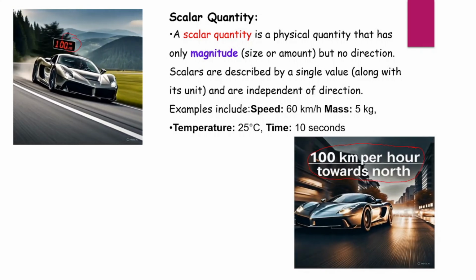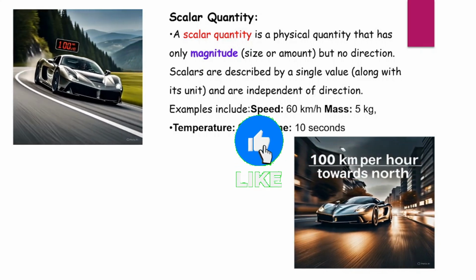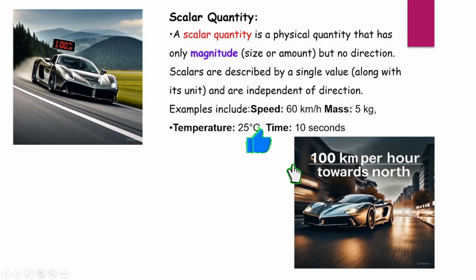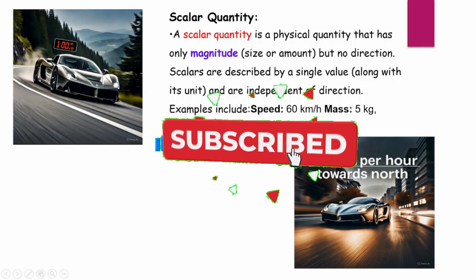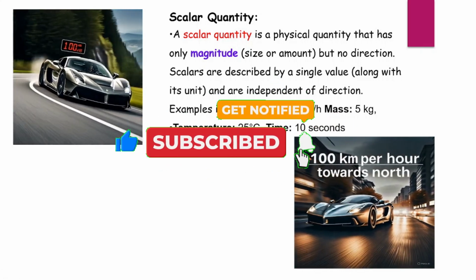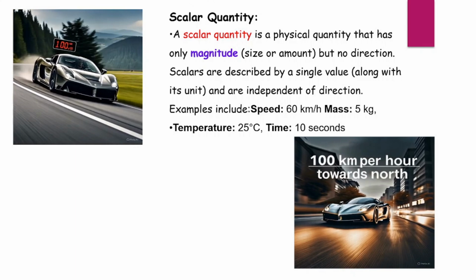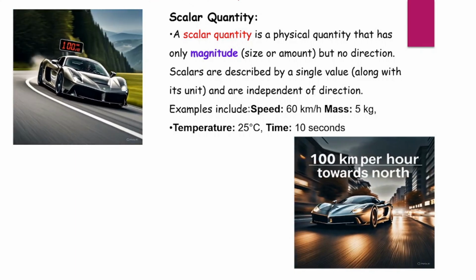Before going into detail, let us see the two types of physical quantities that we come across. The first type is known as a scalar quantity.